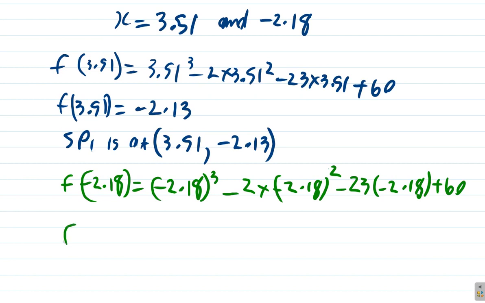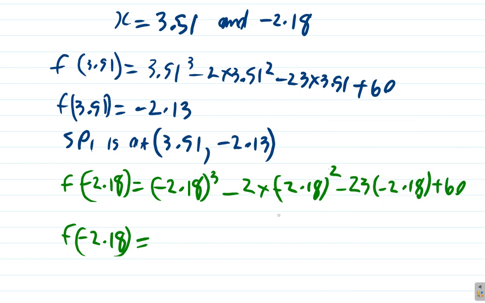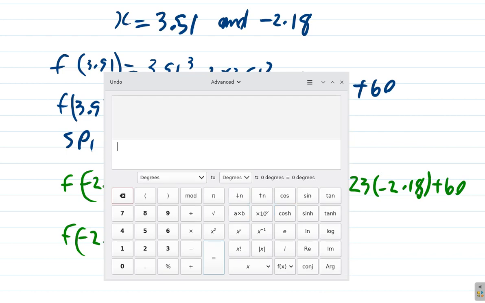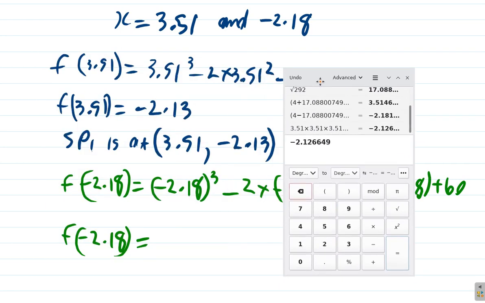So f of negative 2.18 is equal to, let's get our calculator and work it out.